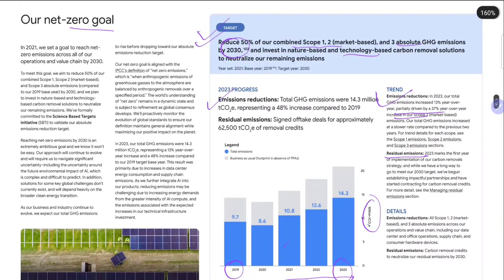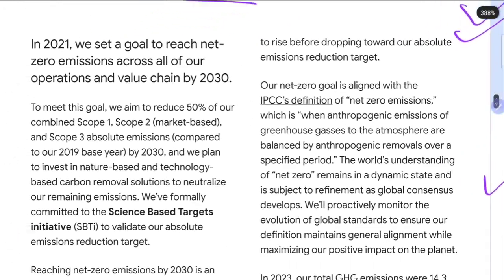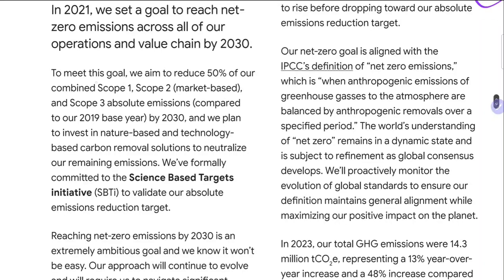Then what about the net zero goal, which is again defined by the company here, and one interesting line which you can read here: to meet this goal, we aim to reduce 50% of our combined scope 1, 2 market-based and scope 3 absolute emissions compared to the baseline here, which is 2019 actually, and also formally committed to science-based target initiatives to validate the absolute emission reduction target.